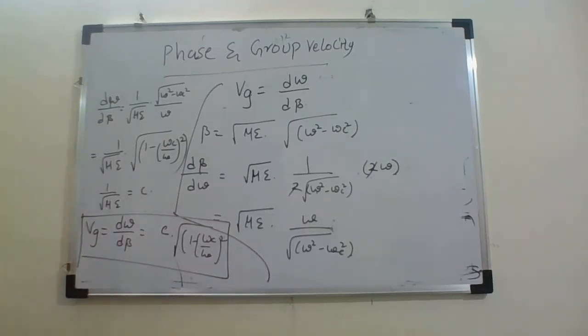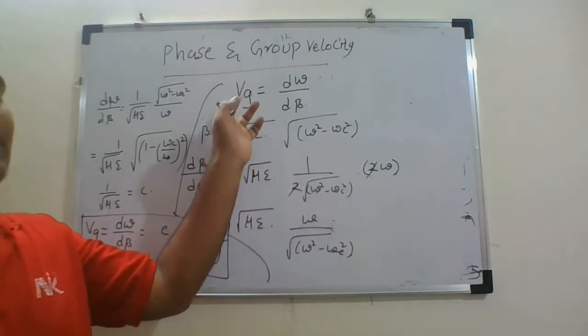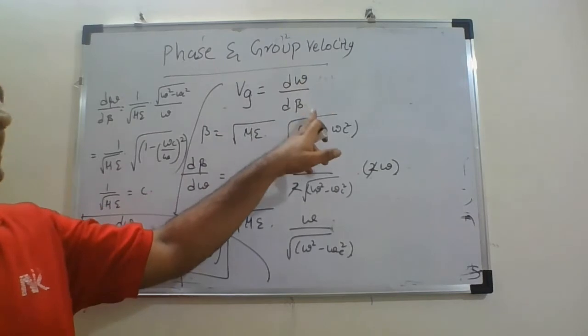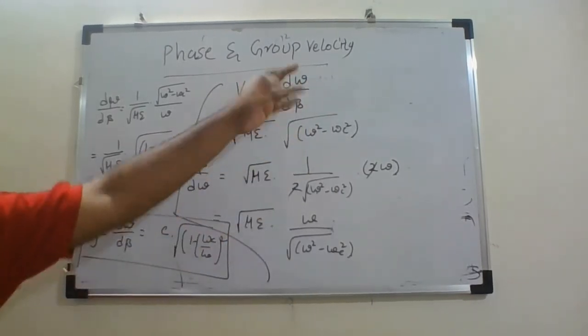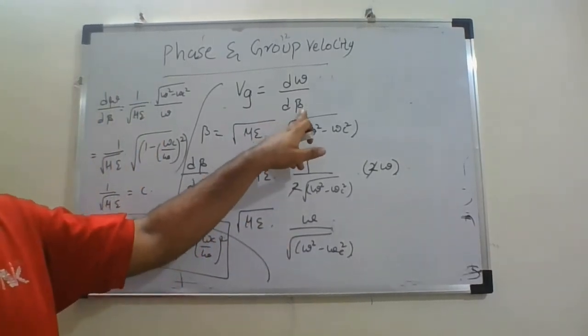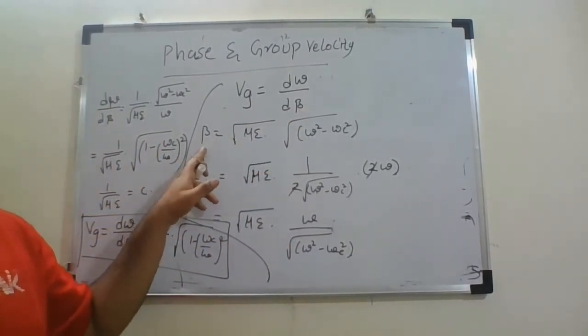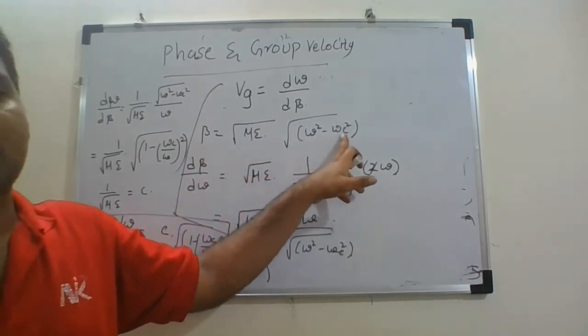Again, just a simple derivation. Group velocity is generally given by the rate of change of omega with respect to beta, d omega by d beta, but I don't know this expression, and I don't know the value of omega either. What I know is beta, so I take beta as root of mu epsilon into root of omega square minus omega c square.